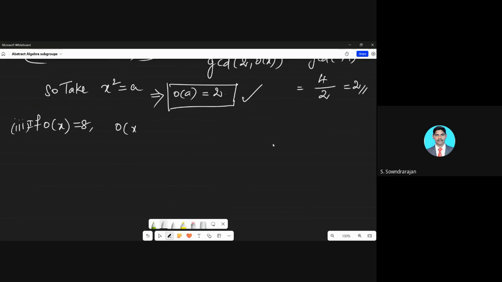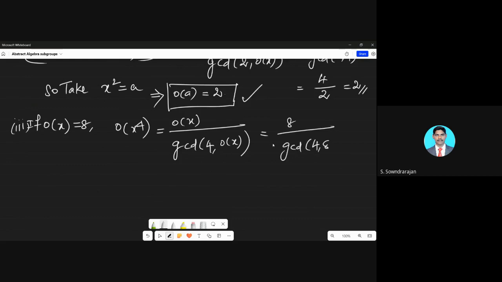Then order of x power 4 equal to order of x divided by GCD of 4 comma order of x. Similarly, 8 by GCD of 4 comma 8, which is 2. Right? Again, you take x power 4 equal to a.